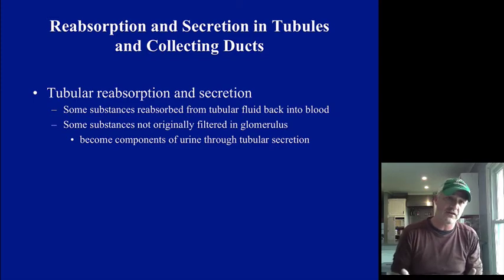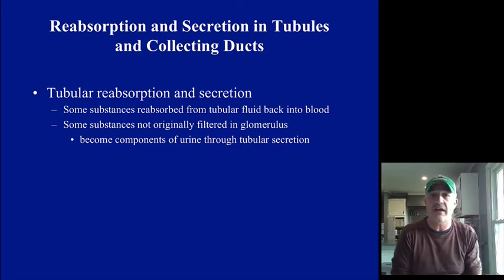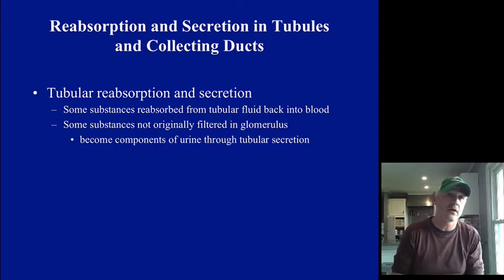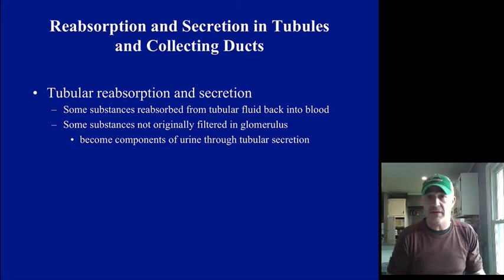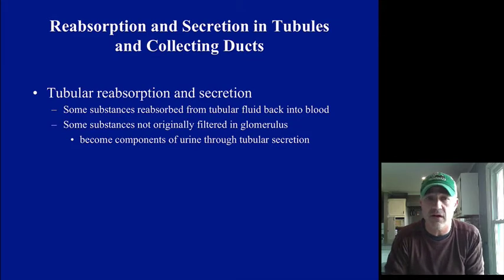Again, we make this filtrate, and what we have to do is then modify what's in it. So stuff that we don't want to become part of the urine, that we want to reabsorb, we need to get that stuff back out of the filtrate. And things that don't end up in the filtrate that we may want to get rid of, or things we want to secrete in order to balance out other systems, we might want to secrete in there. And that is where these other two processes get involved.